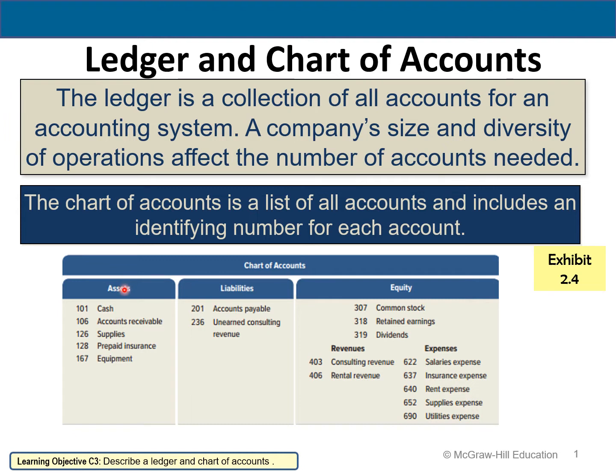So in this particular system, assets start with 1, liabilities start with 2, and then equities start with 300 or higher. Right? If we have a 400, we know that's a revenue, and if we have a 600 numbering, that's an expense. Now, not every system uses these. This is just offered as an example of a common numbering scheme.